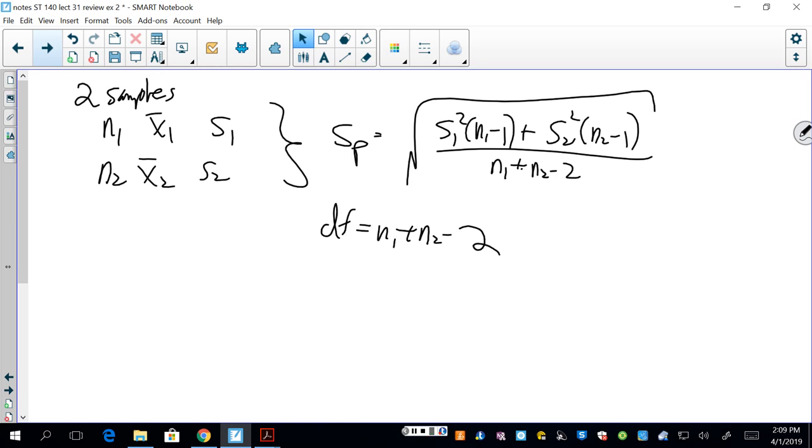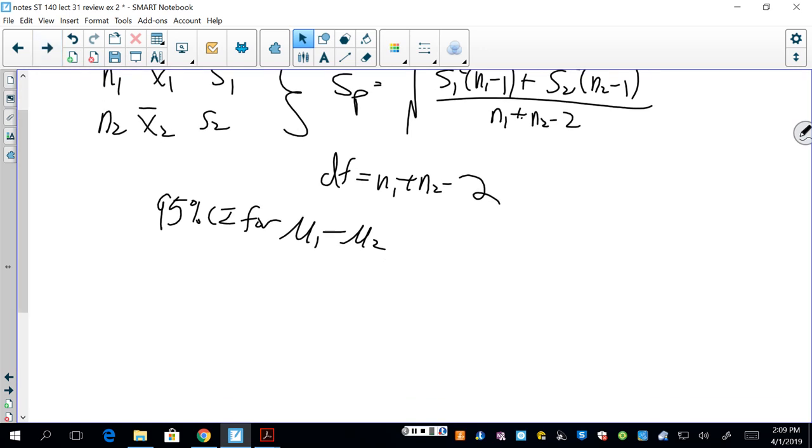And so then a 95% confidence interval for the average difference, so for the symbols, mu1 minus mu2, the difference between the population averages, is centered at the sample difference, x bar 1 minus x bar 2, plus or minus a t-value.